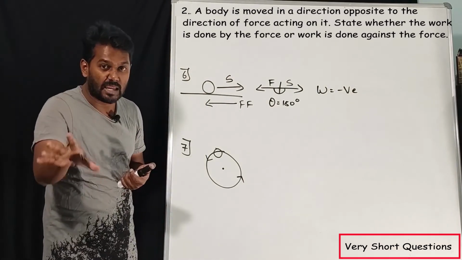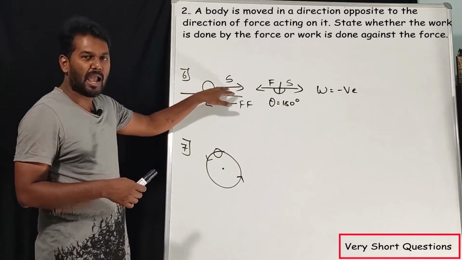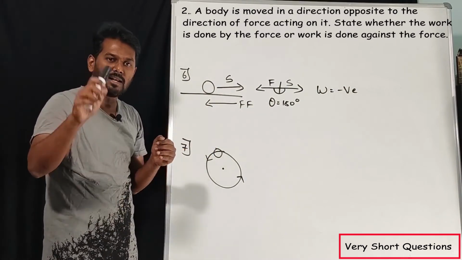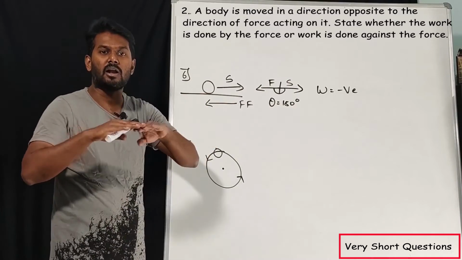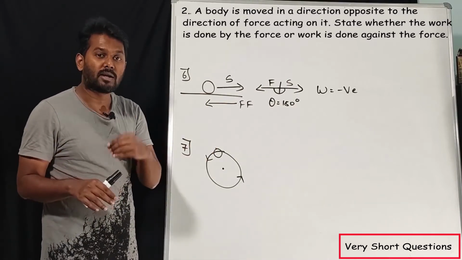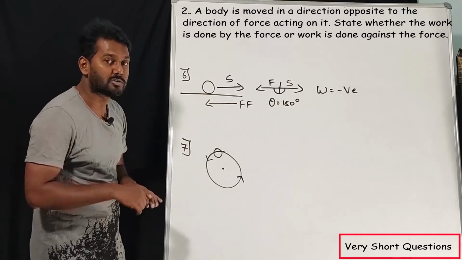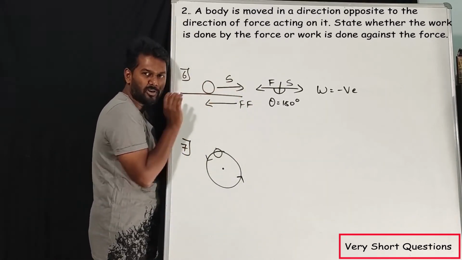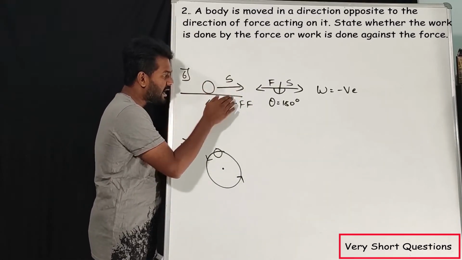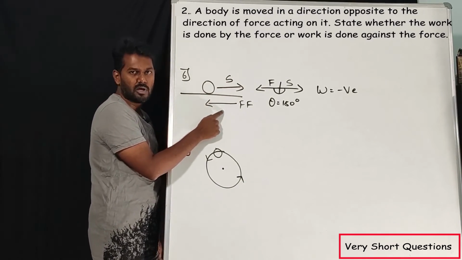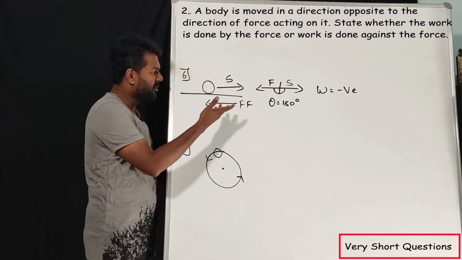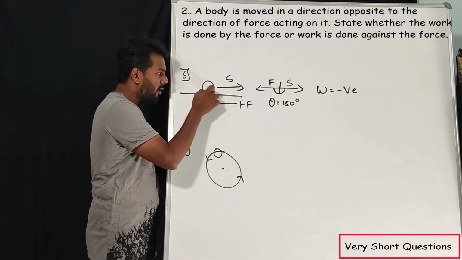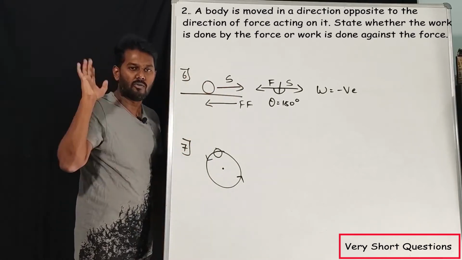If the direction of force and the direction of displacement are opposite, then work is done against the force. Work done is the displacement of an object against this force. It may be friction force or gravitational force or any other force. Work done will be against the force.